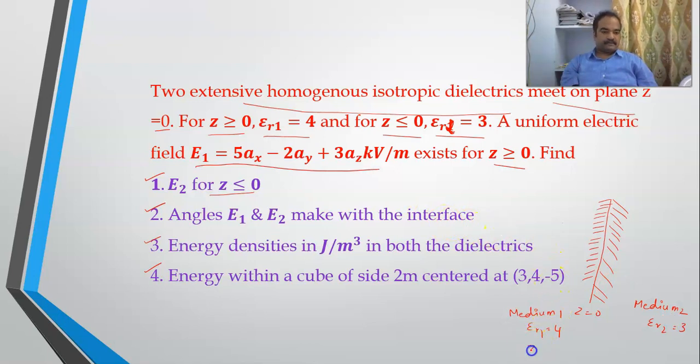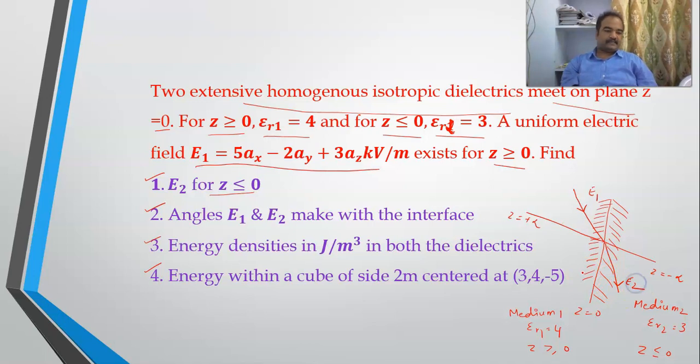This is z is greater than 0, and this is z is less than 0. This is z is equal to plus infinity and z is equal to minus infinity, and this is z is equal to 0. So the materials are placed in this way, and there is an E1 field which has been given to us, and we want to determine the value of E2.